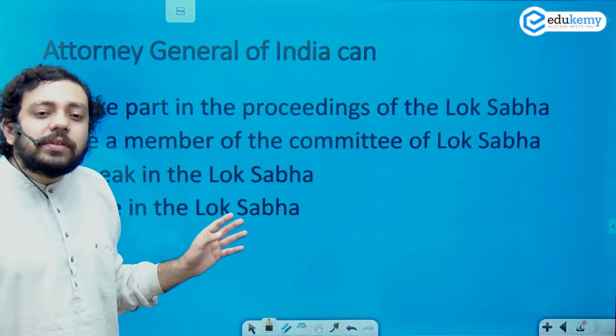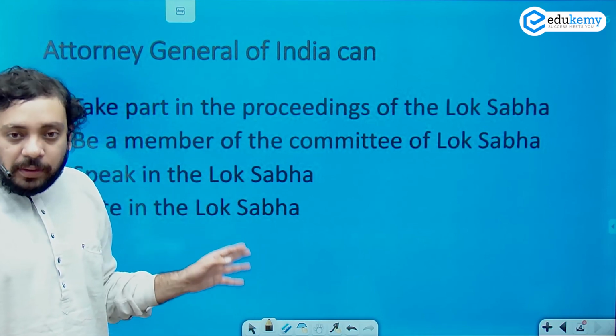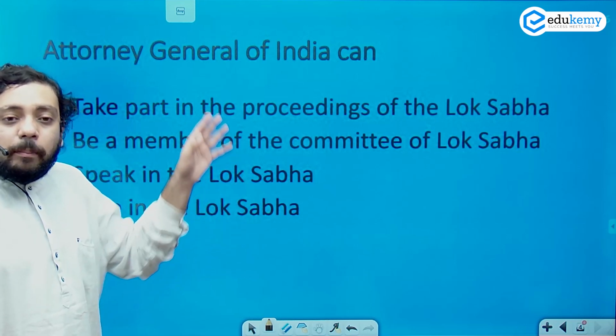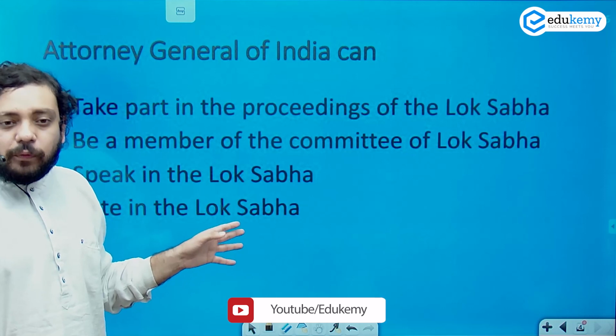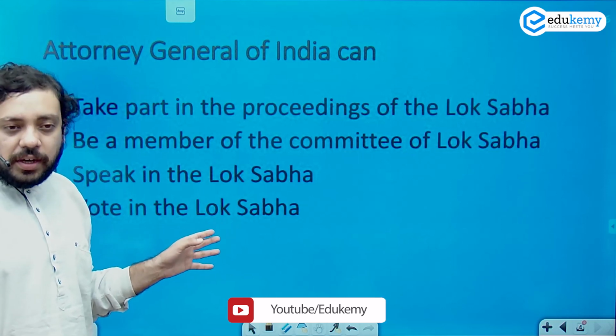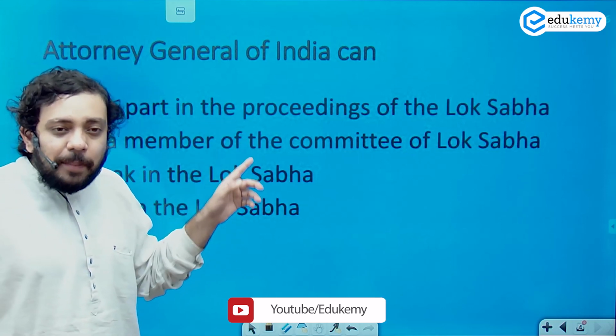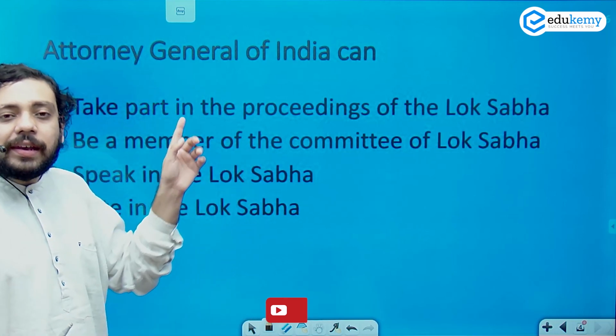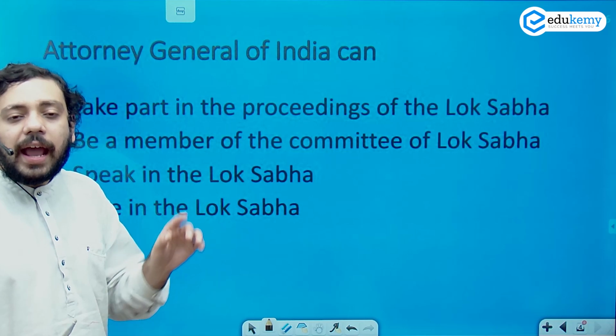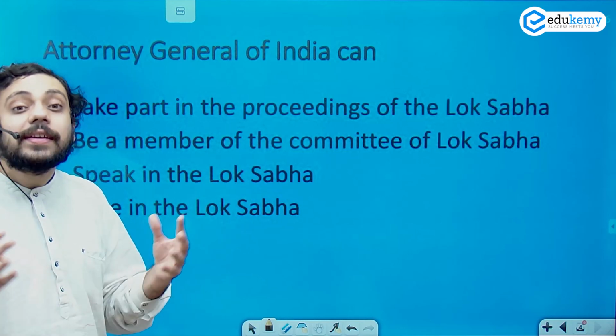These all powers are available to the cabinet ministers also. But not all these powers are available to the attorney general. One of these powers is not available to the attorney general. But at the same point of time, in terms of status, the attorney general is considered equivalent as a cabinet minister. Why does that happen?